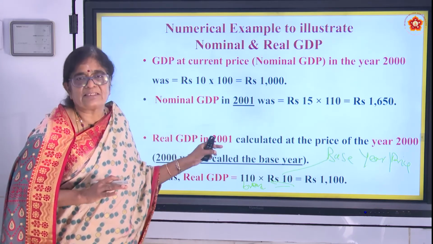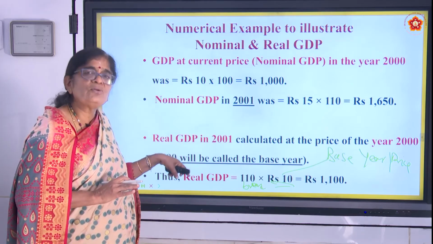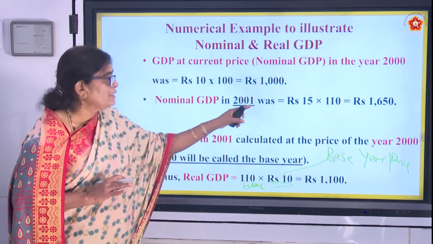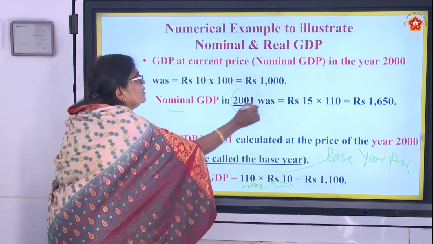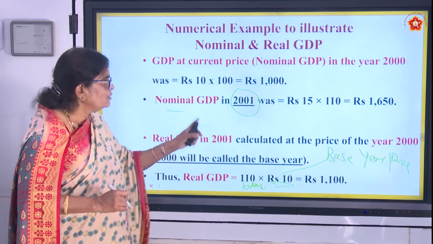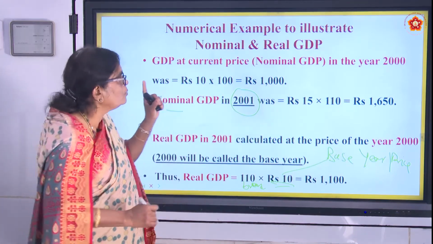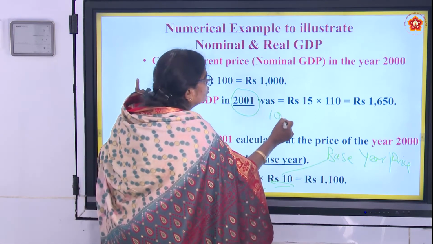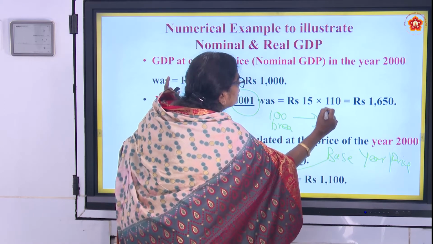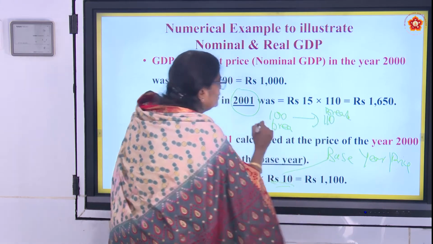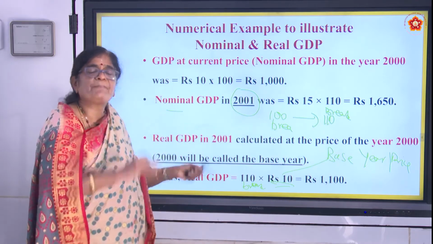Price is kept fixed. Even though the price has increased, and we use the increased current price for nominal GDP in 2001, for real GDP we don't want to use the increased price. We only assume the bread number in 2000 was 100, and in 2001 it increased to 110 units of bread.